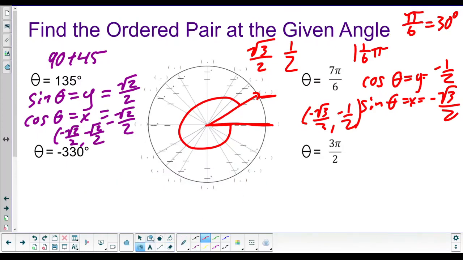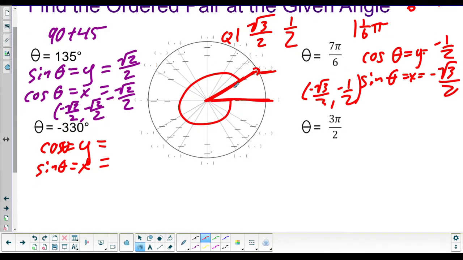Because we are in quadrant 1 for the terminal side, we know both of them are going to be positive. Cosine equals y. Sine of theta equals x. So we're really just looking at 30 degrees.